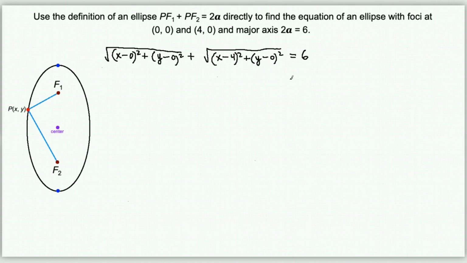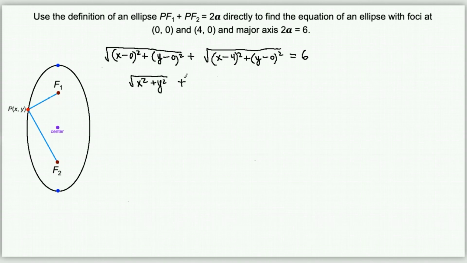So now we can actually simplify this. We know that this first term is going to be the square root of x squared plus y squared, right? Because subtracting 0 does not affect it, and x is being squared and y is being squared, right?